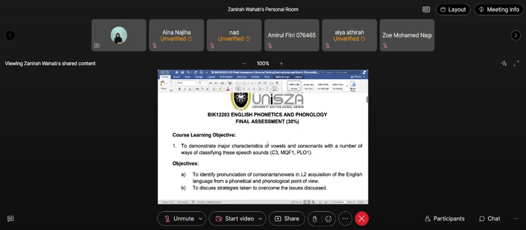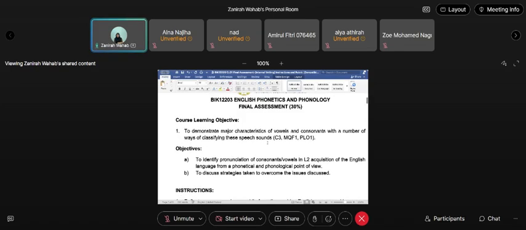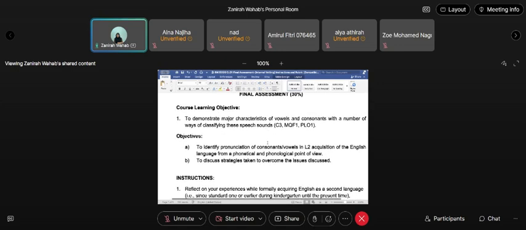Okay, so this would be the first course learning outcome, which is to demonstrate major characteristics of vowels and consonants with a number of ways of classifying these speech sounds. So basically, this is an assessment on your number one course learning outcome.